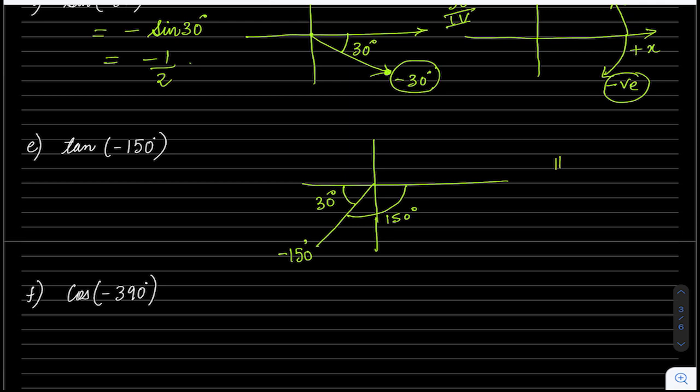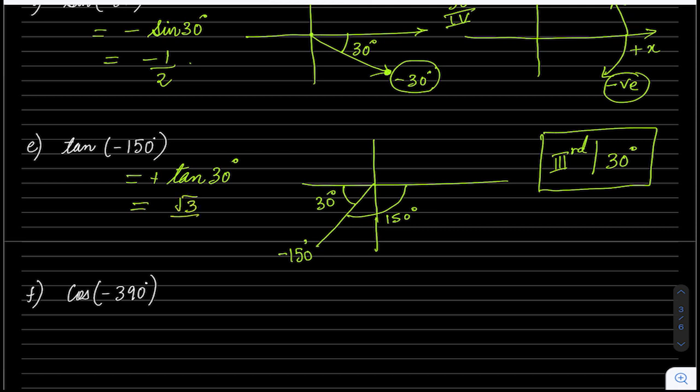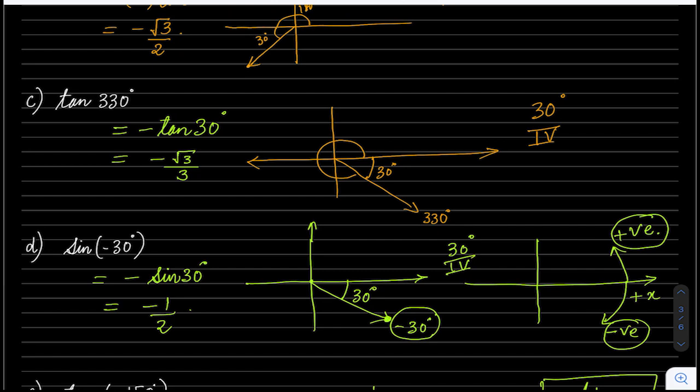So angle is in third quadrant and angle with horizontal is 30 degrees. I have to find the acute angle. So my answer is in third quadrant, AST, T means tangent is positive. So my answer is positive tangent 30. That is nothing but root 3 over 3.